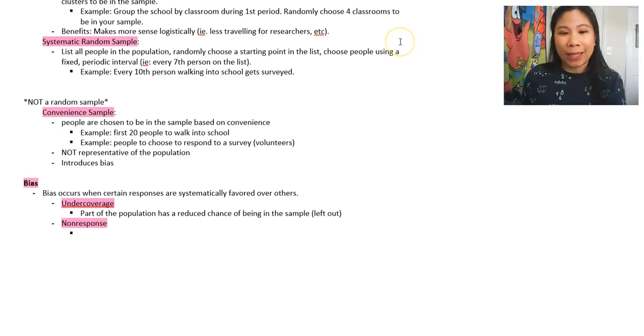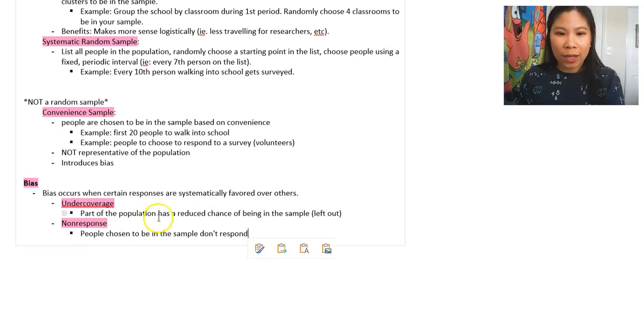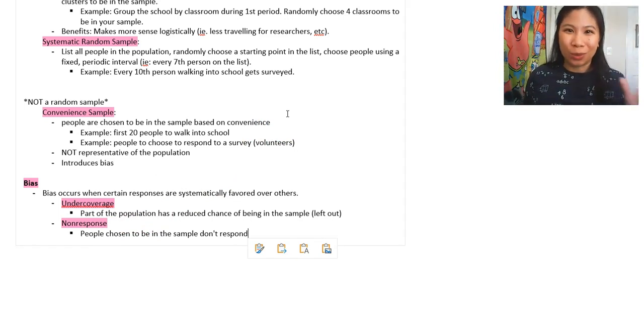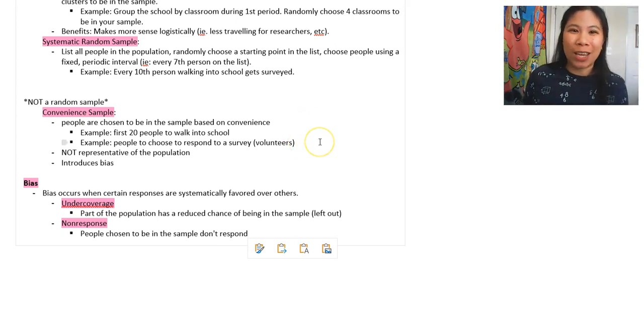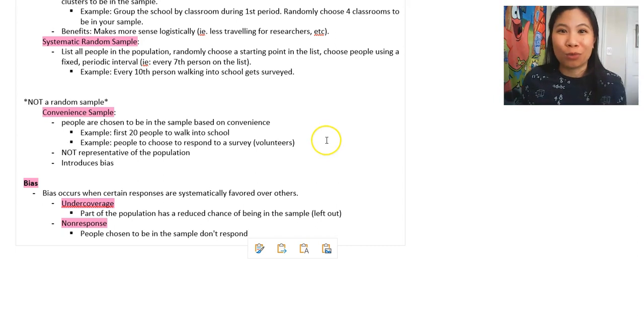Another type of bias is called non-response. So this is when people that were chosen to be in the sample, so you went through the whole process of doing your random selection, and the people you chose didn't respond. This happens a lot when people used to do phone surveys because they would randomly select the people to call using that random process, but then the people don't pick up the phone or they screen their calls, whatever.